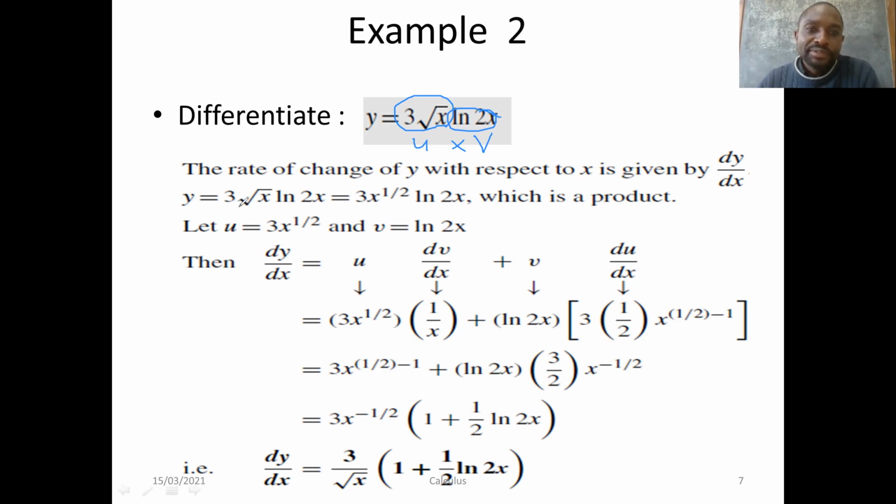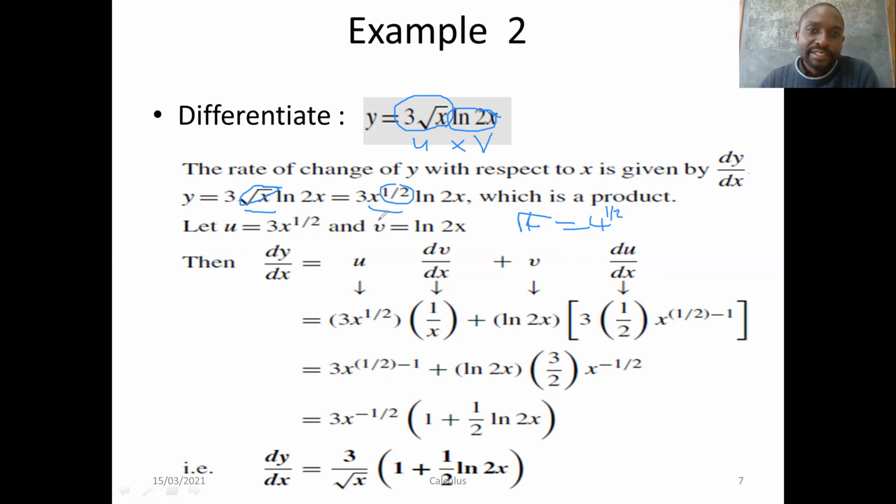this y, which is equal to 3 root x ln 2x, can be rewritten by removing the root symbol in the x, making it the power of half, since we know that the square root of 4 is the same as 4 to the power half. Therefore, the square root of x here is the same as x to the power half.